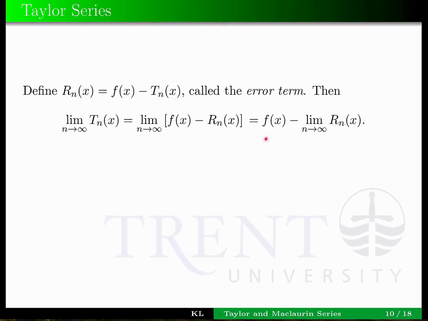And this will be equal to f of x. Take note, your n is the one that is approaching infinity. f of x is like, quote-unquote, a constant relative to n. So it's just f of x. But for this one, we can distribute, so we will have minus the limit of R_n as n approaches infinity.